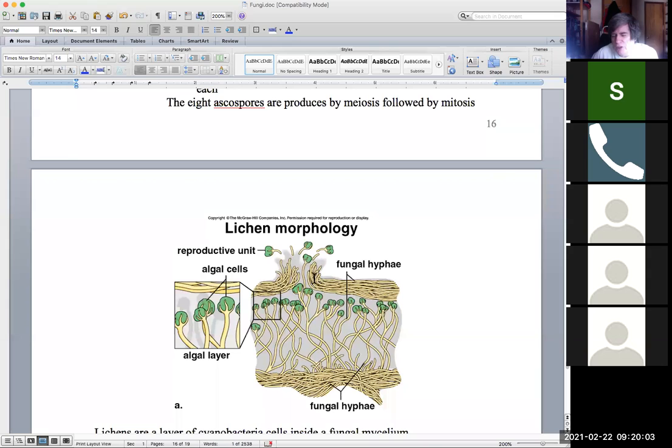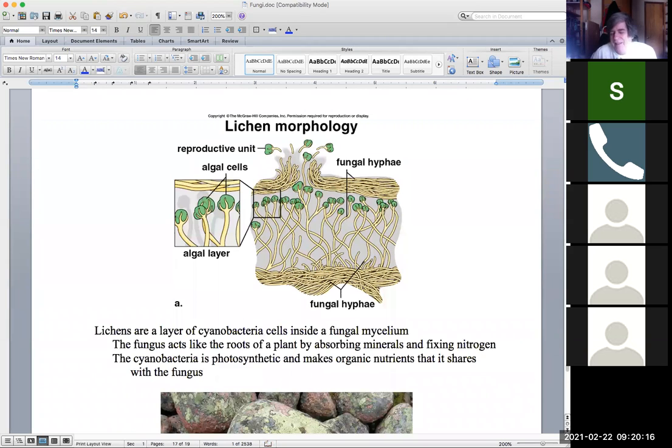Here we have the algae living inside a layer of fungi, but it's not really one cell inside another. Notice that lichens have sometimes been called an algae sandwich. The bread is the fungus and whatever you put on your sandwich is the algae.